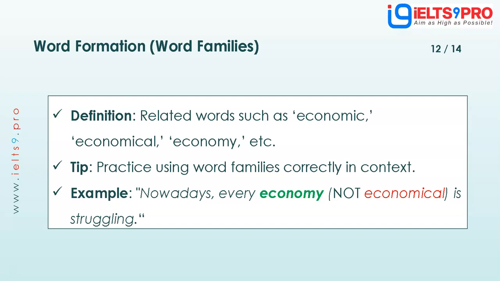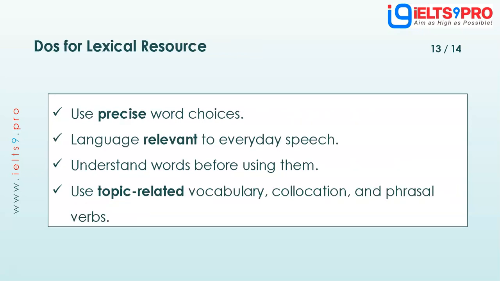So you could talk about spending, spent, will spend, will have spent, has been spending, expenditure. You can use that, expenditure also. So it's part of the family. Be precise. Understand the words, topic-related vocabulary. So, precision. Again, if you look at the criteria, precise word usage and choice.